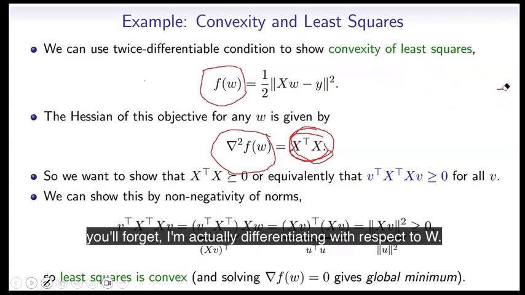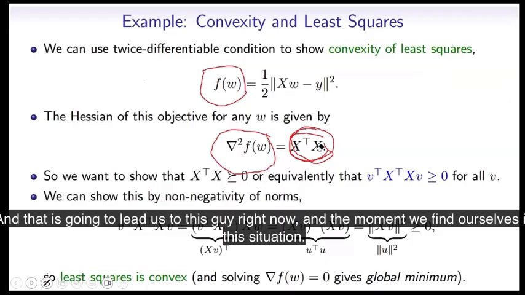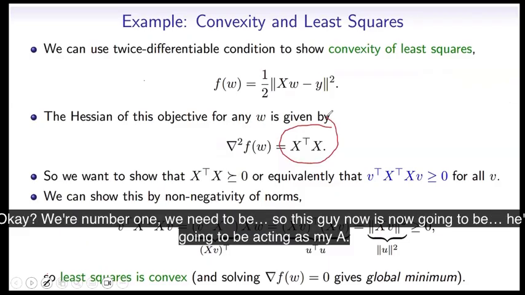Don't forget, I'm differentiating with respect to W, and that's going to lead us to this guy right now, which is going to act as my A.